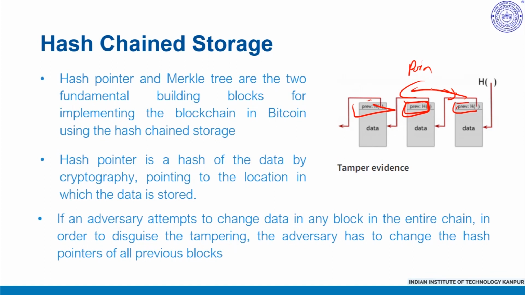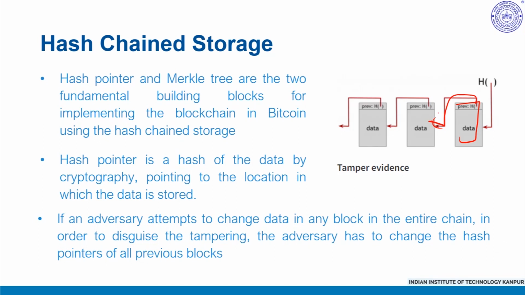Thus, a hash pointer can be used to check whether or not the data has been tampered with. In a blockchain, which is organized using hash pointers to link data blocks together like this, with the hash pointer pointing to the predecessor block. So each block is pointing to the predecessor block and indicates the address where the data of the predecessor block is stored.